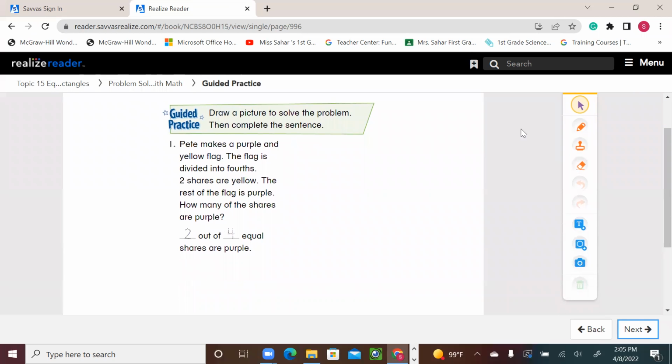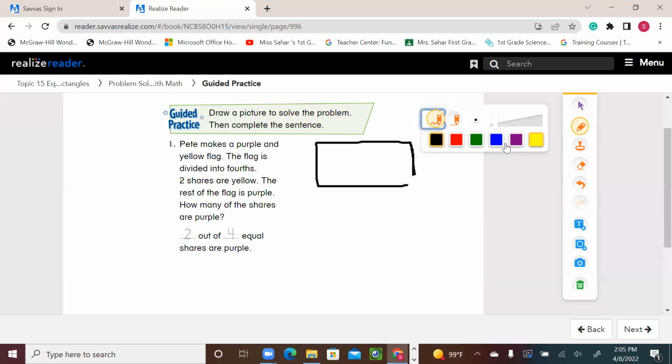All right, so let's draw first the flag. So the flag is divided in 4. All right, let's do this. It's 1, 2, 3.